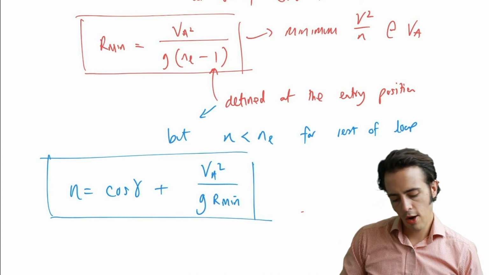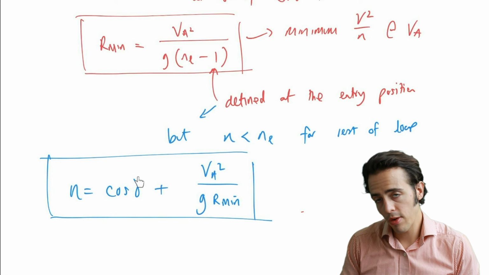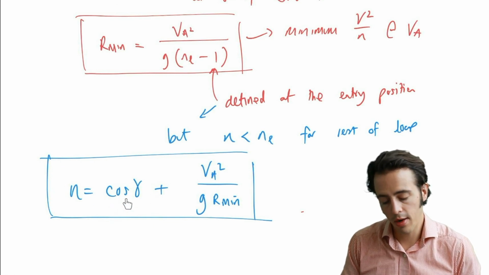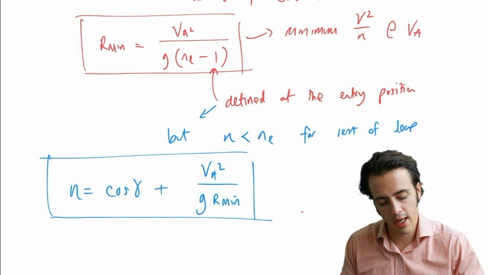That load factor is lower everywhere because at every position this is less than 1, except for the bottom of the loop.